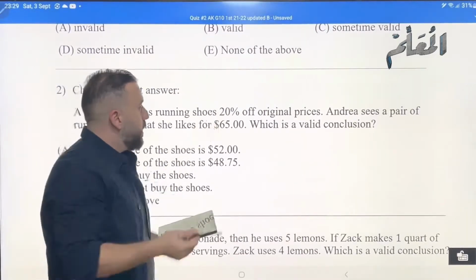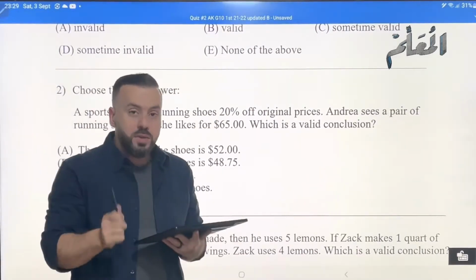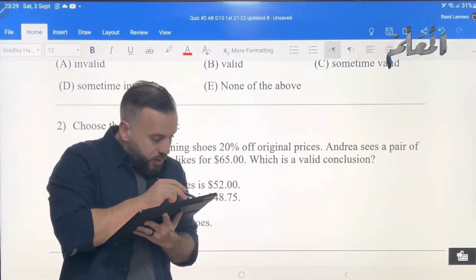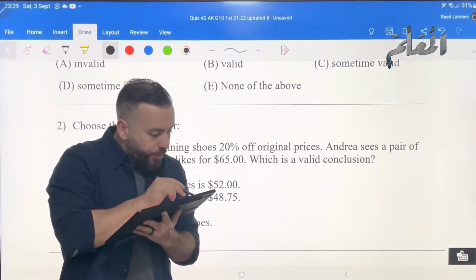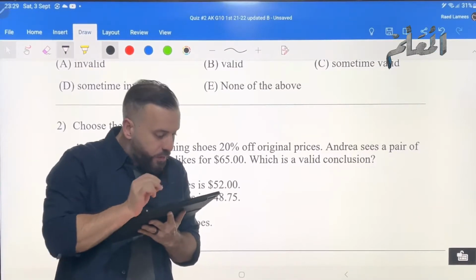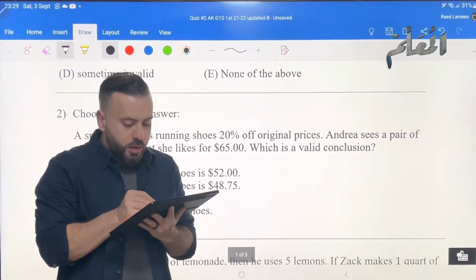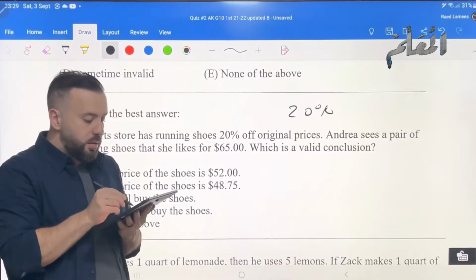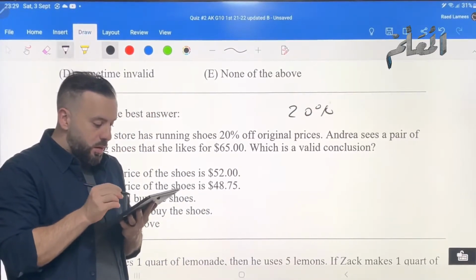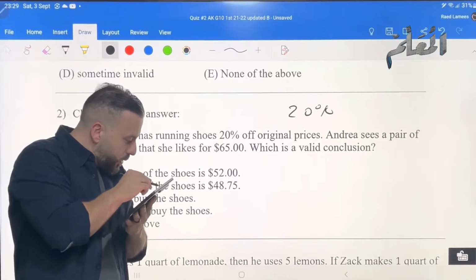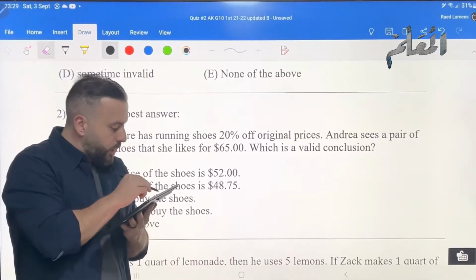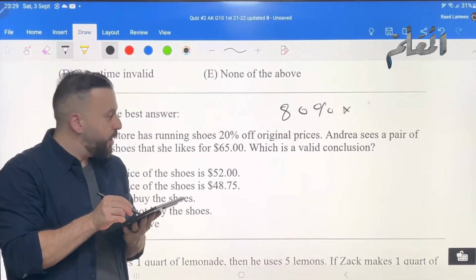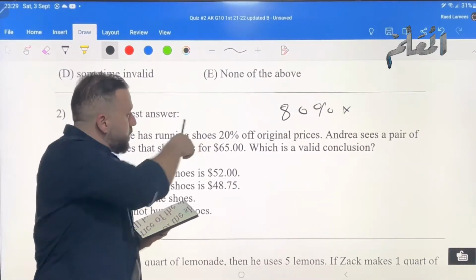So the case here is going to be 20% off. 20% off means I need to pay what? 80%, multiplied by how much? $65.